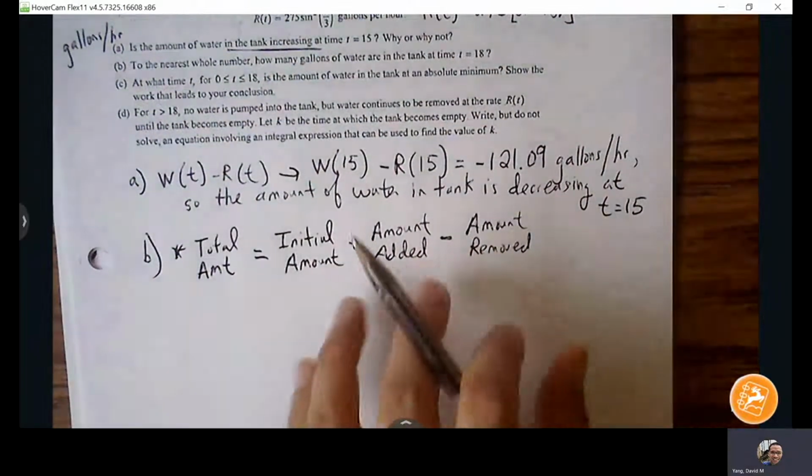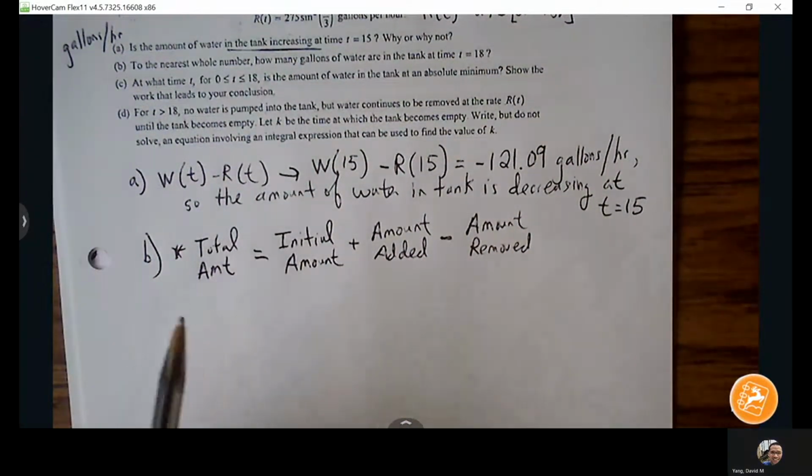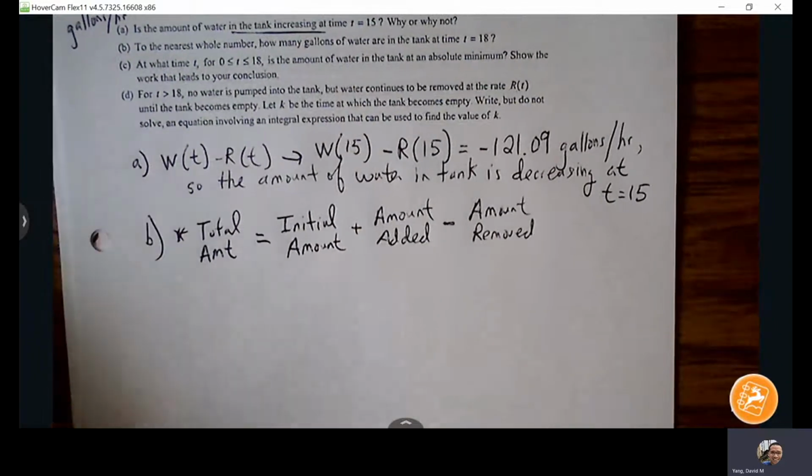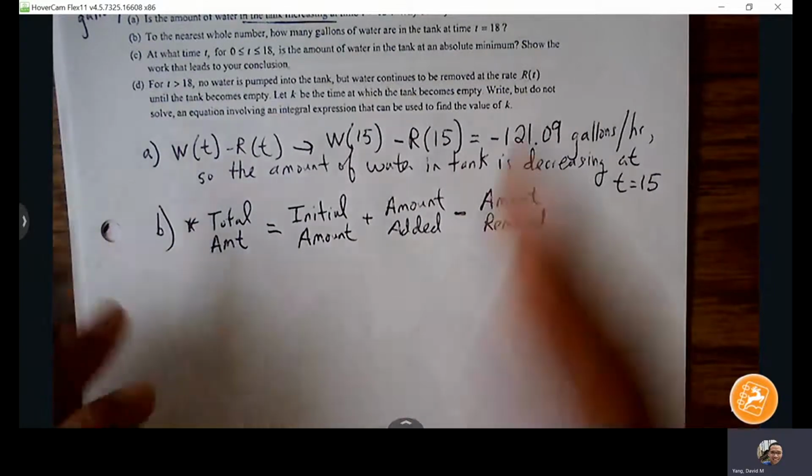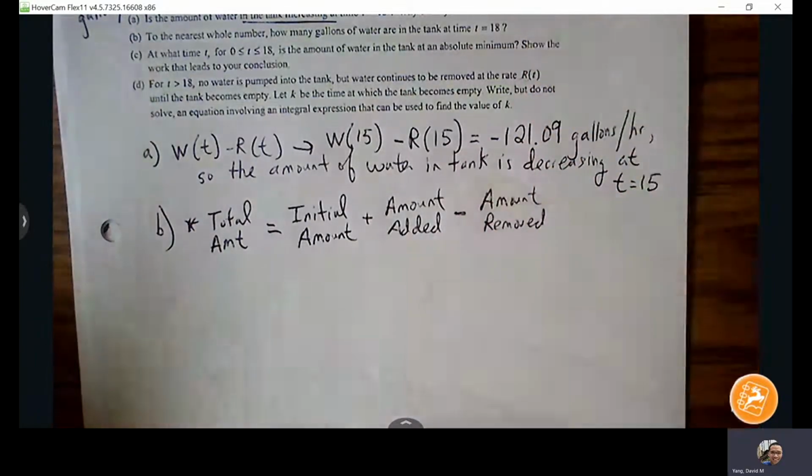So if we can figure this out, we can figure out how much is in the tank or container at any given time. Okay, so let's build the equation first, and then we can do it for this specific case.